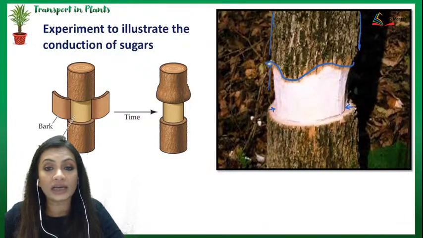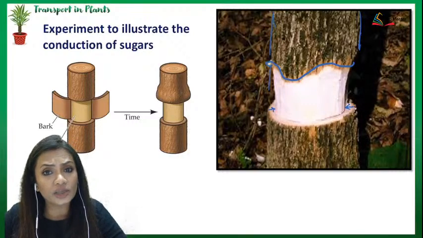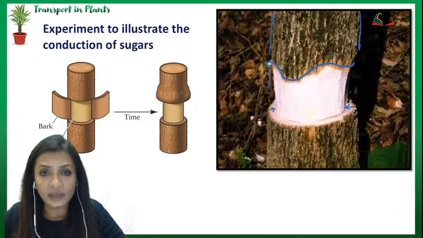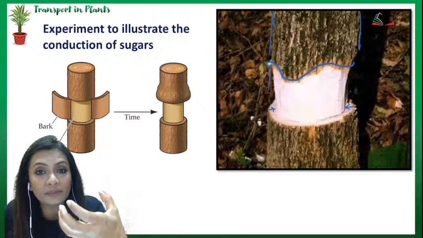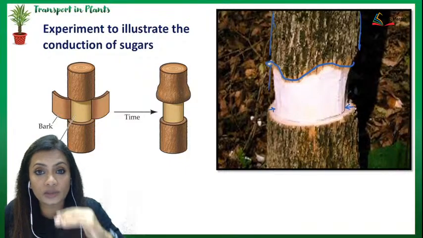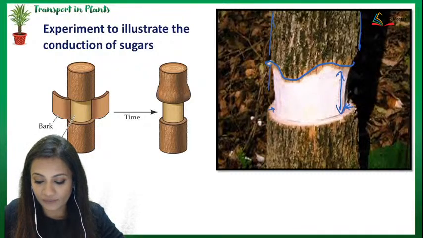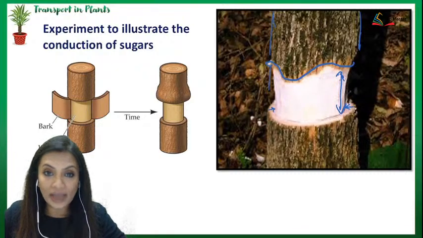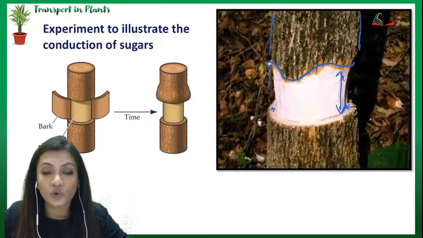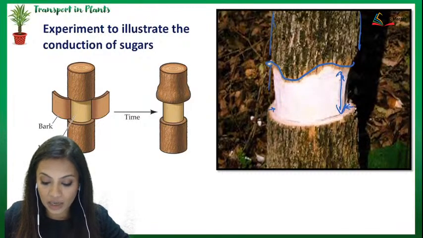Phloem contains the sugars which are continuously being produced at the leaves. So the sugars are being produced and coming downwards, but there is a breakage at this level. So what happens here? All the sugars will gradually start to accumulate at this level.